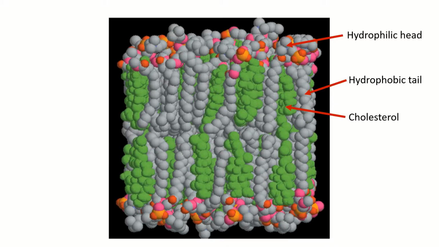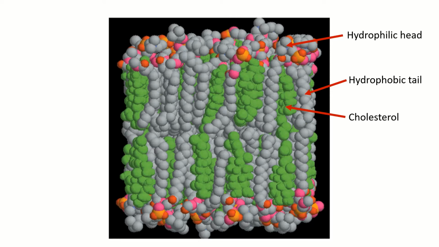So here we can see a space-filling model of the plasma membrane, and you can see how the phospholipids are oriented. In between the phospholipids, the ones in green, we actually have the cholesterol, which helps space apart or fill in the gaps between the phospholipids.